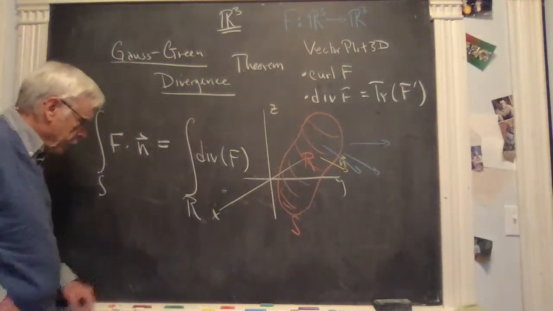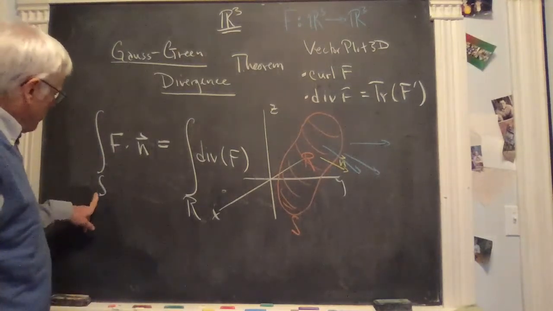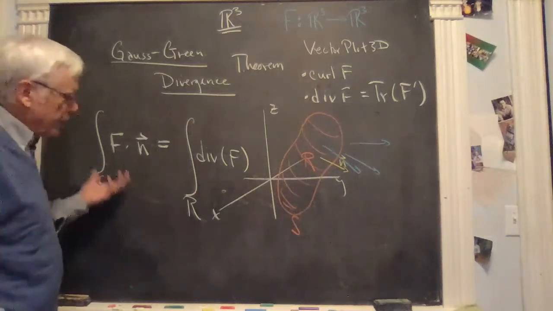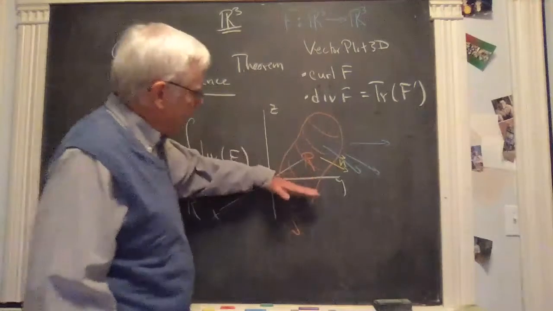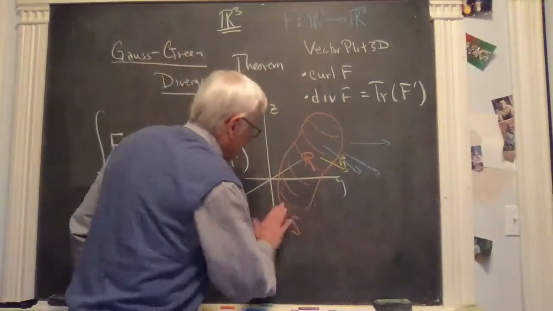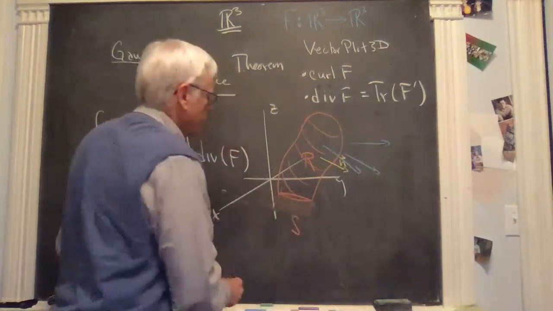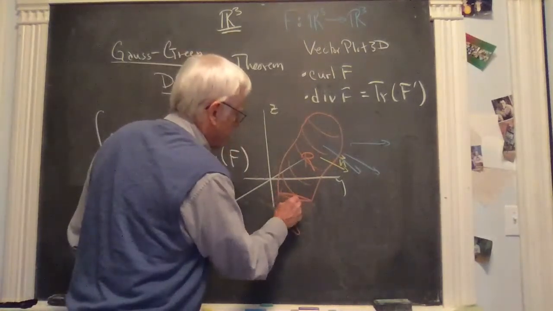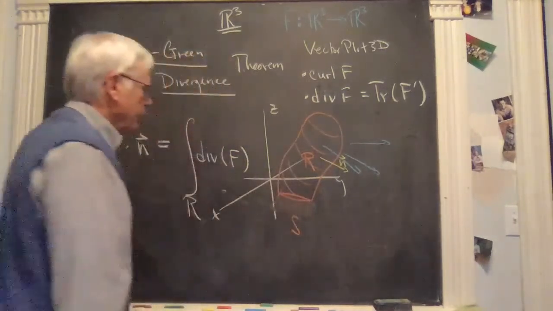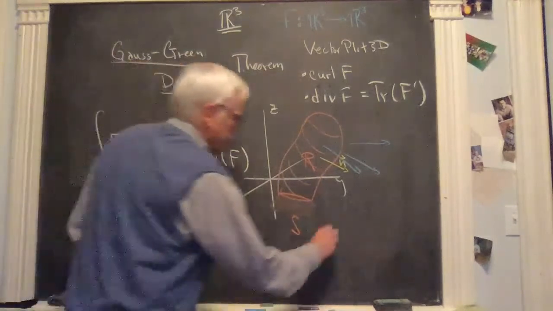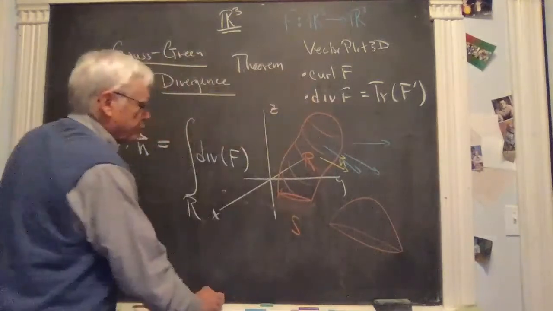Now there are some conditions here, both on F and on the surface. For our formulation, S will be piecewise smooth, which means that it doesn't have to look like a peanut. It could have a flat part here. But then you would have to divide the surface into two pieces, bottom piece and the rest of the peanut. It could look like that, a solid piece of the paraboloid.